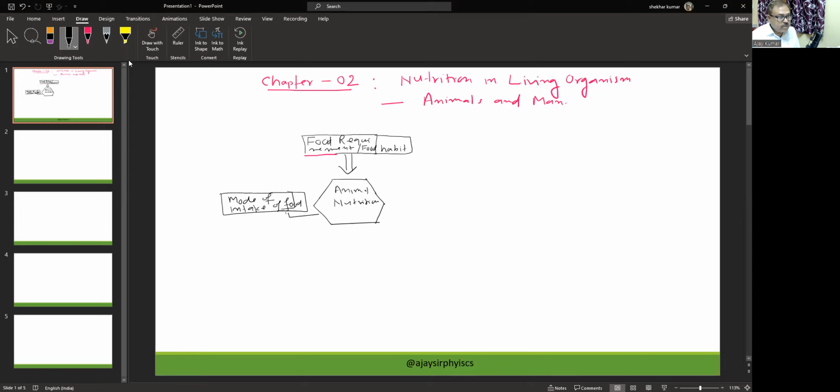This is also needed by the animal nutrition. And the third block, think of how to utilize. Utilization in the body. So there are three main steps in animal nutrition.